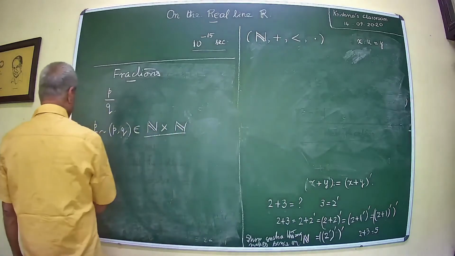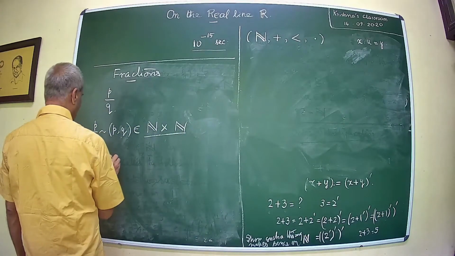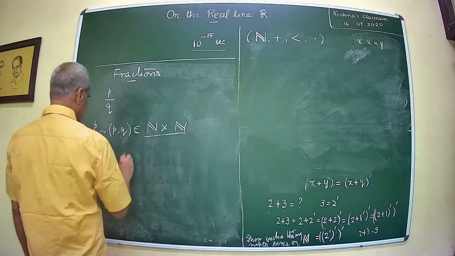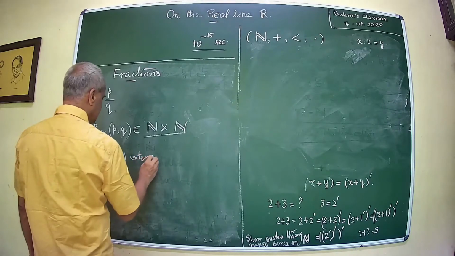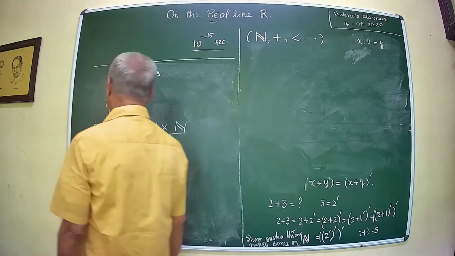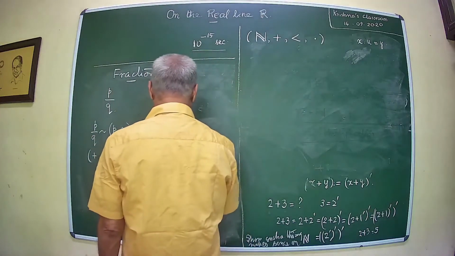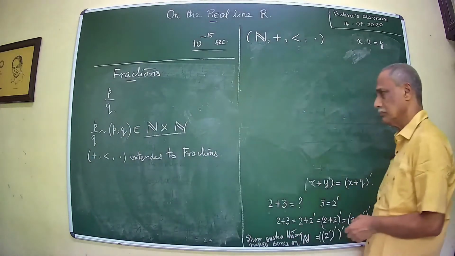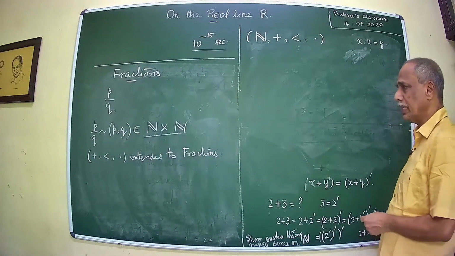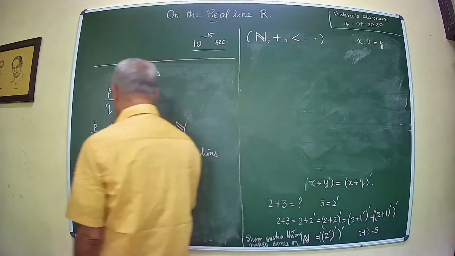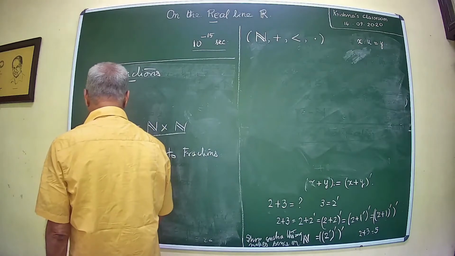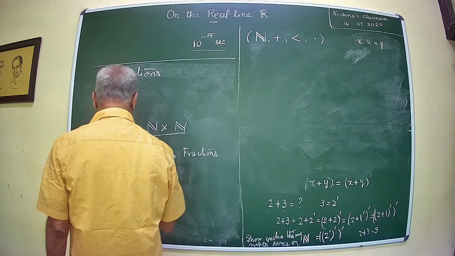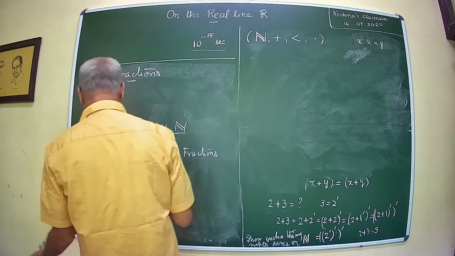Okay? Now what more you have? You can have again addition, order structure, and multiplication extended to fractions. Take fraction P1 by Q1 and P2 by Q2. I don't want to write it in the ordered pair language.